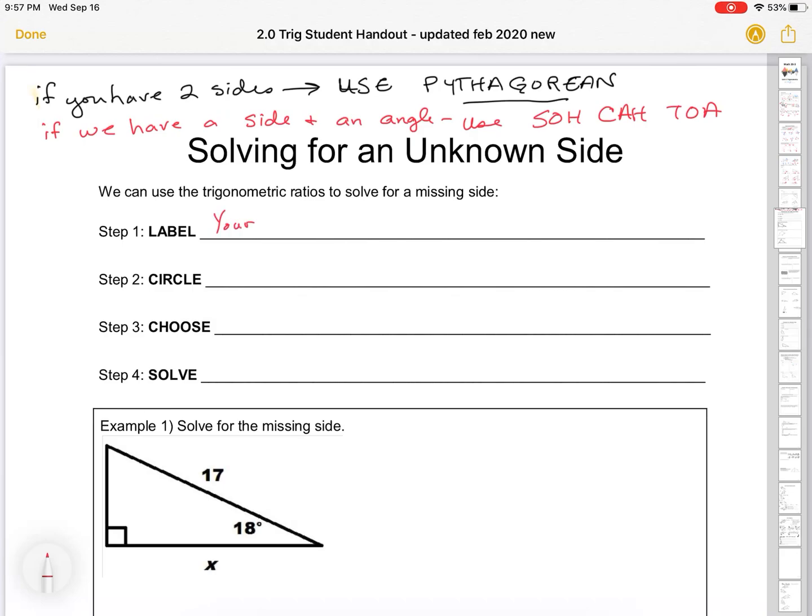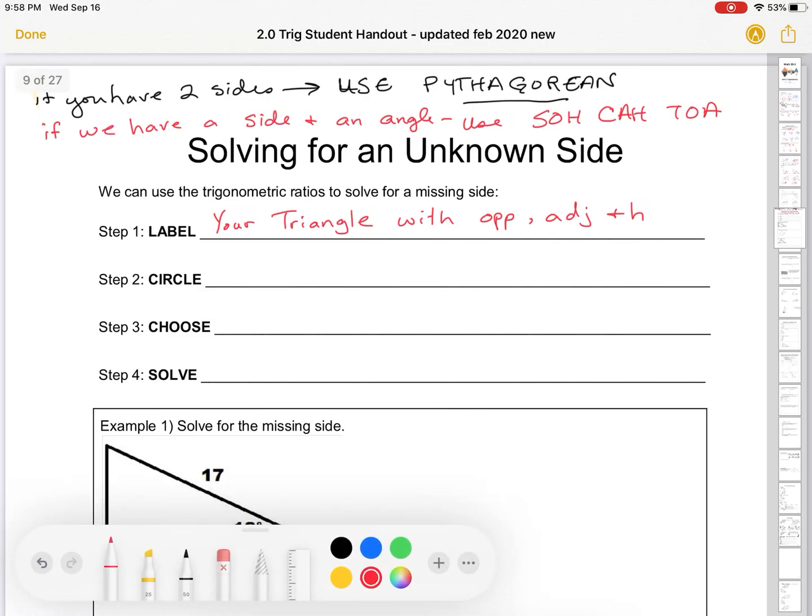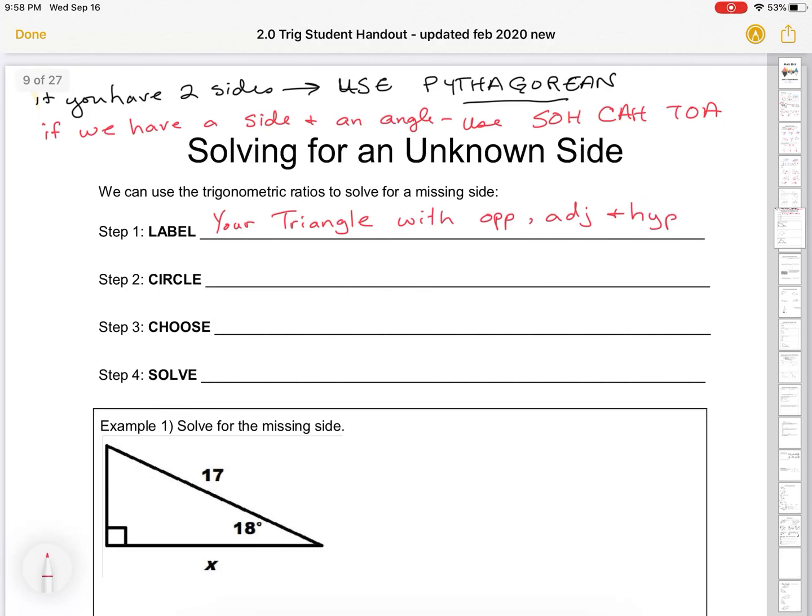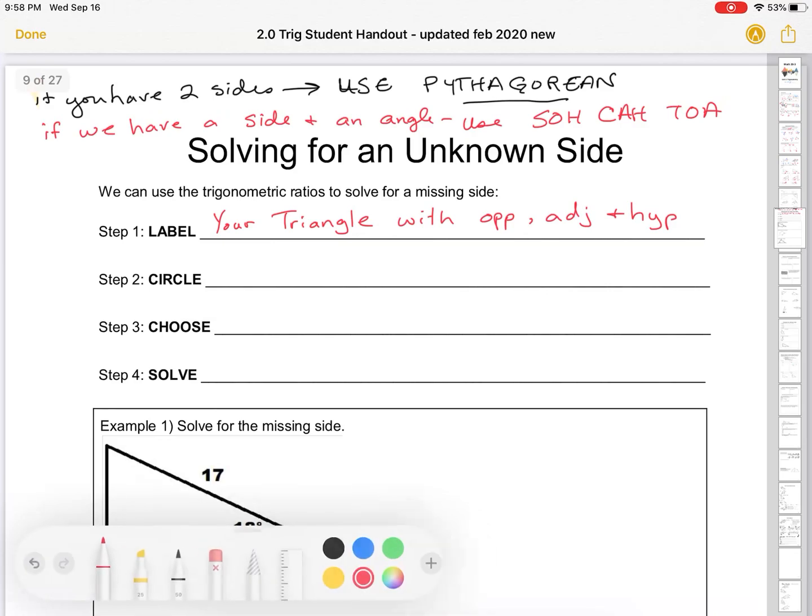So step one, you're going to label. Label your triangle with opposite, adjacent, and hypotenuse. Oops, I'm missing my Y. My Y. Okay.